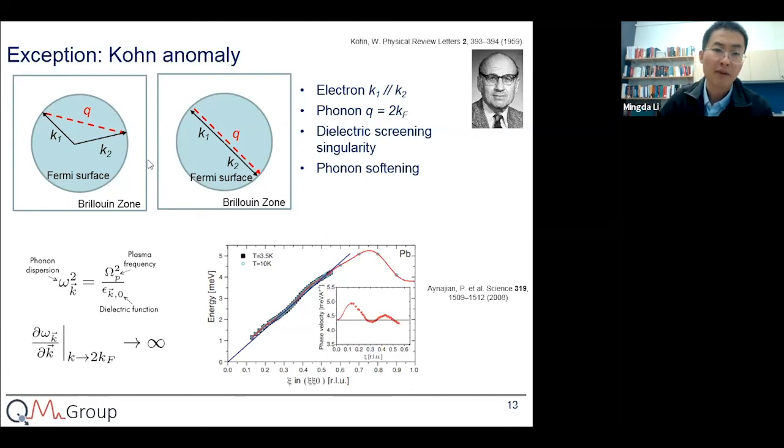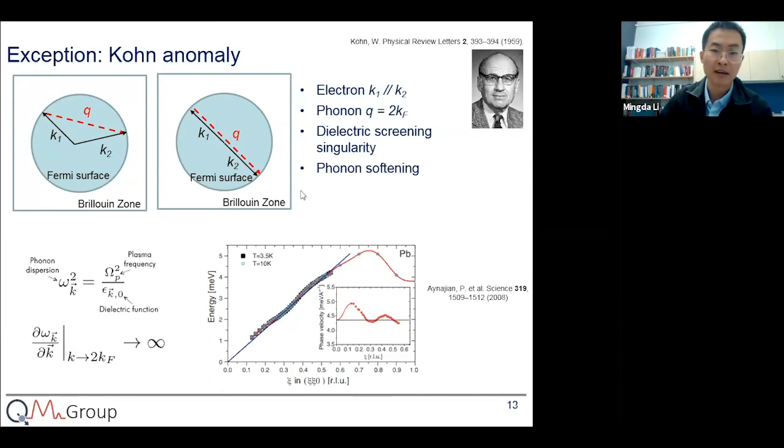The Kohn anomaly happens at a very special condition: if K1 and K2 become parallel to each other, because these are periodic and these two points are nested with each other, it appears like there's no scattering at all. That leads to a sharp divergent change in the dielectric function, and that will cause a softening of the phonon energy. That's observed in some materials, like lead in this particular example.